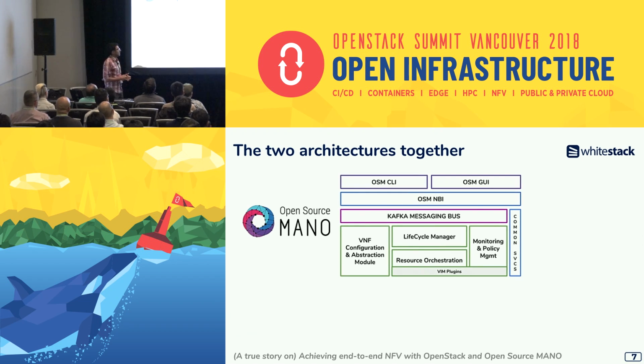OK, this is more or less the architecture of Open Source MANO. Well, the core components consist of a resource orchestration component that is in charge of integrating to the VIMs to instantiate the resources that are needed.